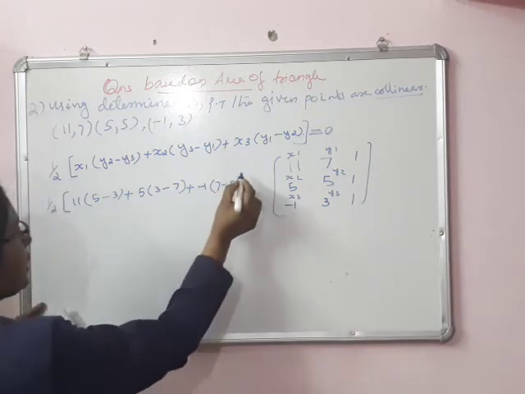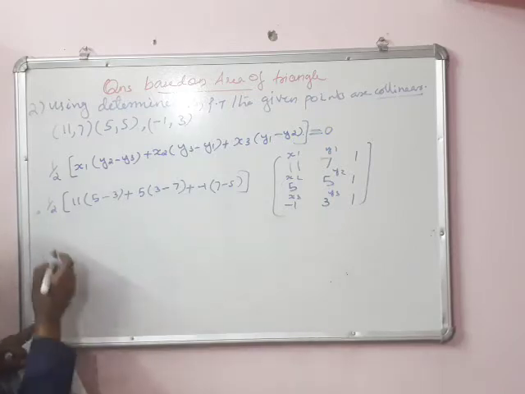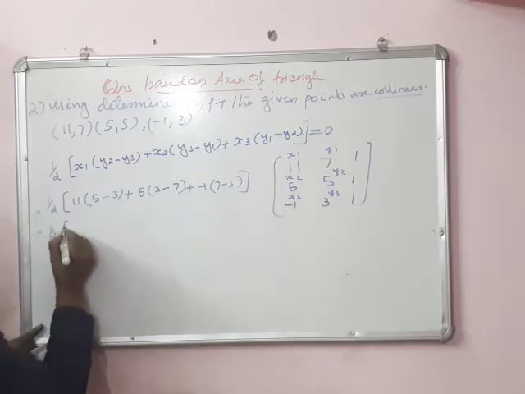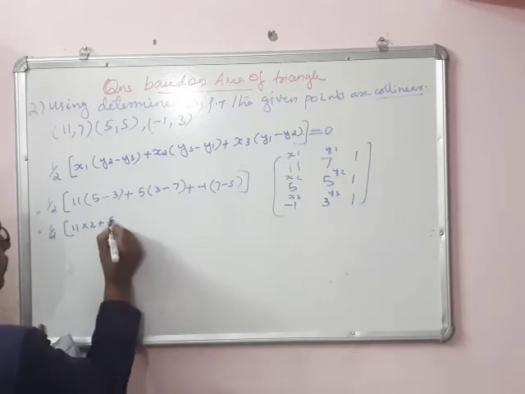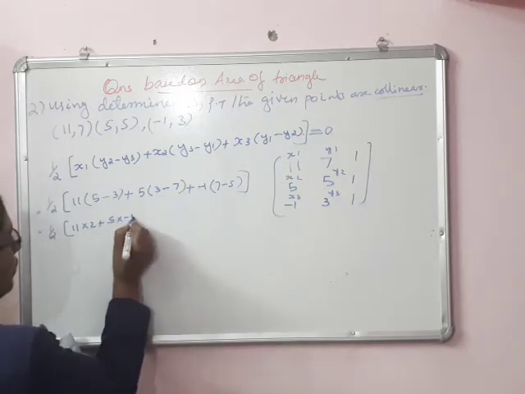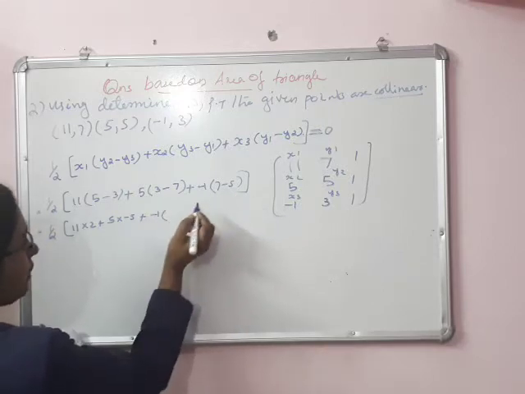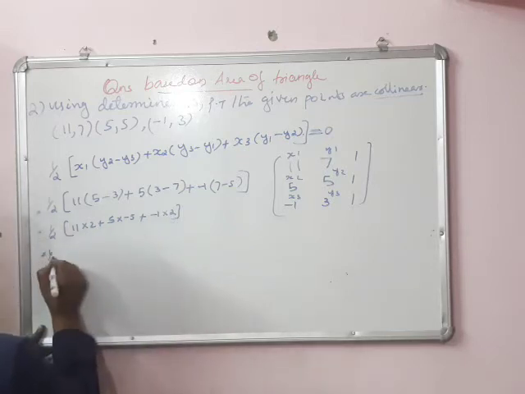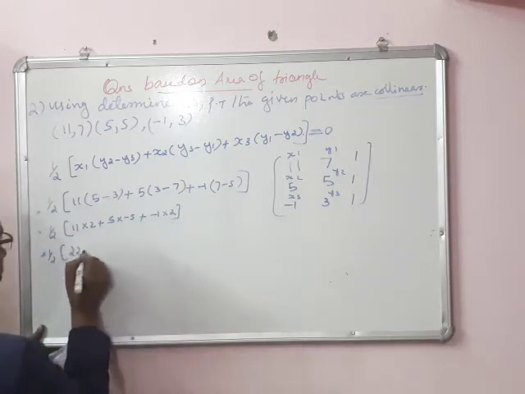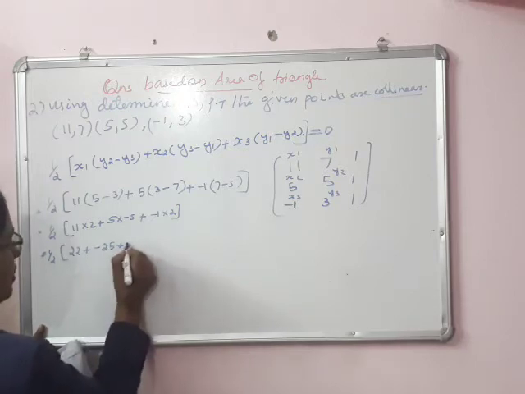Then we are going to check whether it is equal to 0 or not. If it is equal to 0, it is collinear, otherwise it is not collinear. That is 1 by 2 into 11 into 5 minus 3 becomes 2, 11 into 2, plus 5 into 3 minus 7 into minus 5, plus minus 1 into 7 minus 5 becomes 2 into 2. That is equal to 1 by 2 into 22 plus 25 plus minus 2.